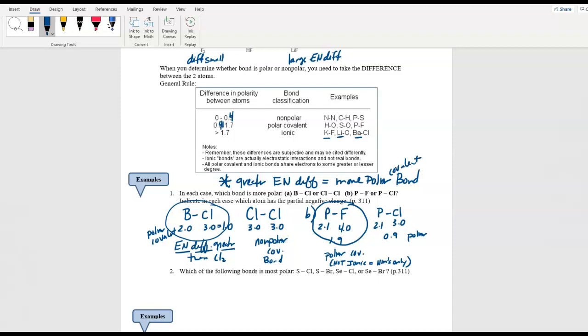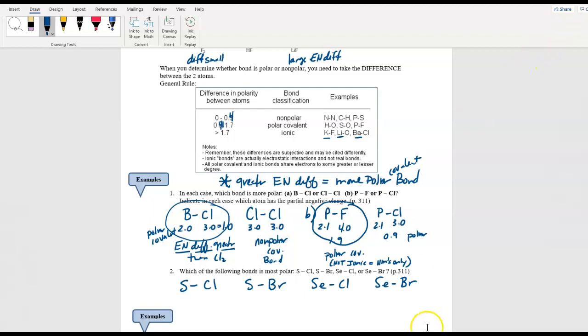Okay, which of the following is most polar? Okay, so if we listed these, okay, so notice you have the same two halogens versus the same two halogen, bromine and bromine. You have sulfur and sulfur, and then selenium and selenium.